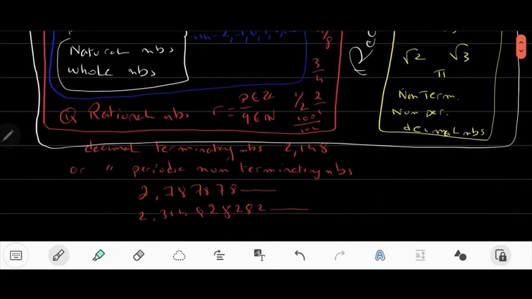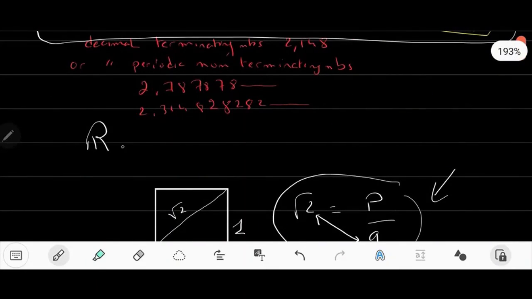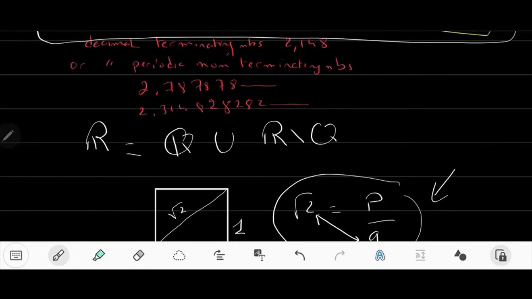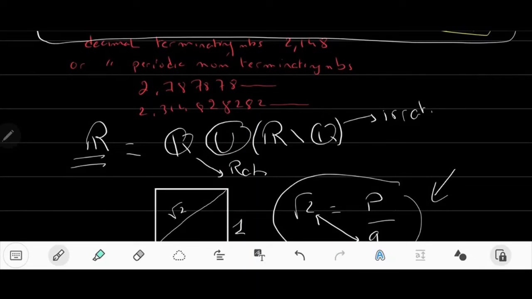That's why the set R will be equal to Q together with R minus Q. The R minus Q is the irrational numbers, and the Q in here is the rational numbers. And the U in here is the union of both sets. It's these elements and these elements put together in one box, which we call the real numbers set.